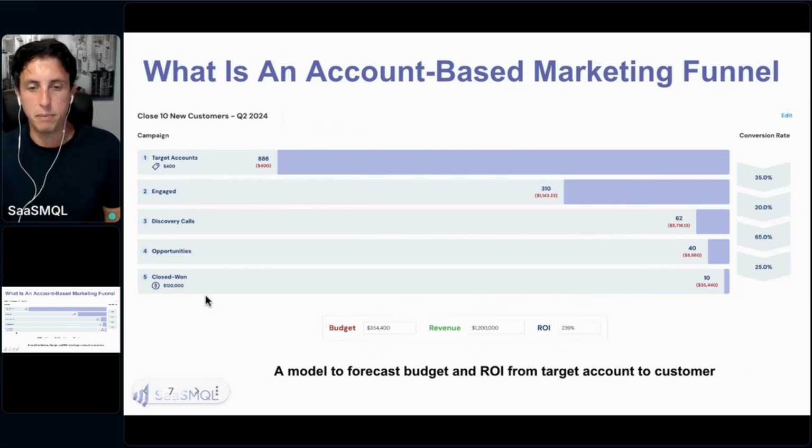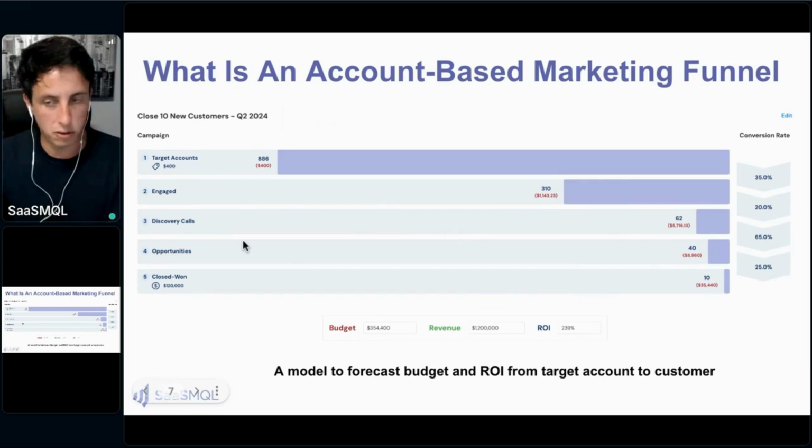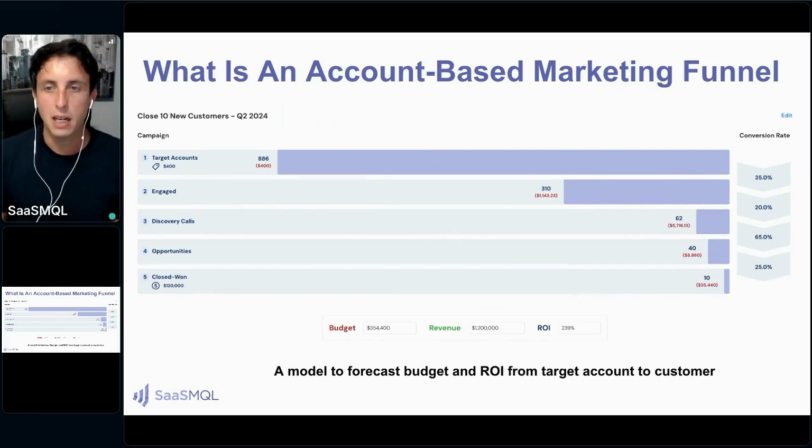I'm targeting enterprise with a pretty healthy deal size, so I can afford to invest $400 per target cold account to drive engagement. So this already gives me some indication of what is going to be my ask to my CEO or to my CMO in terms of budget.